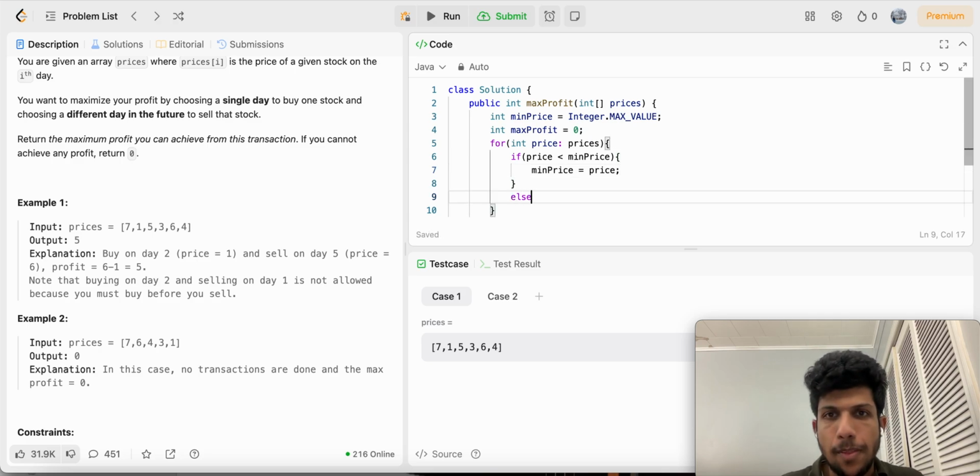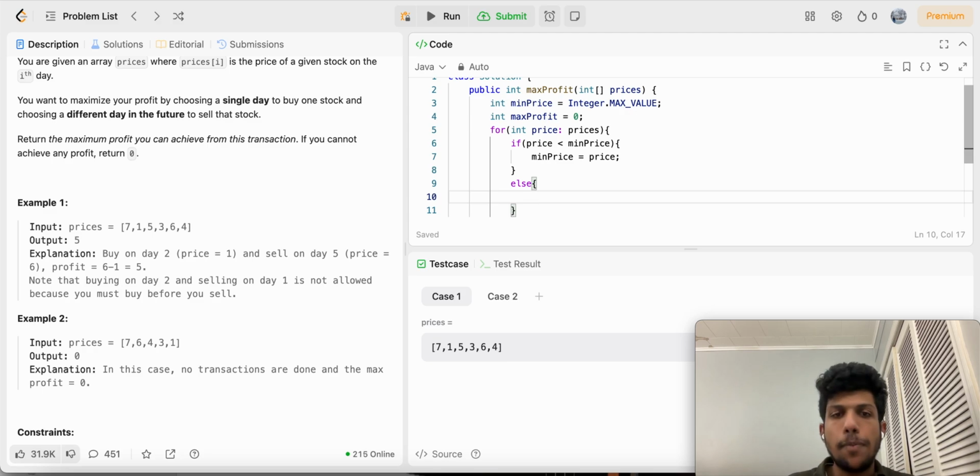Else, if the price is greater, then I would calculate the profit and update the max profit if it's greater.